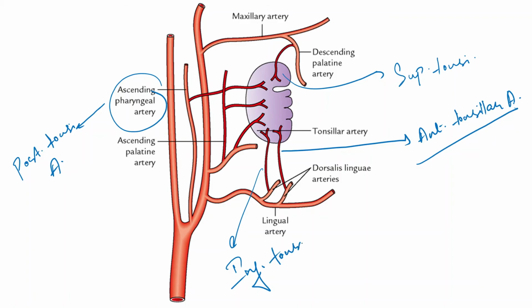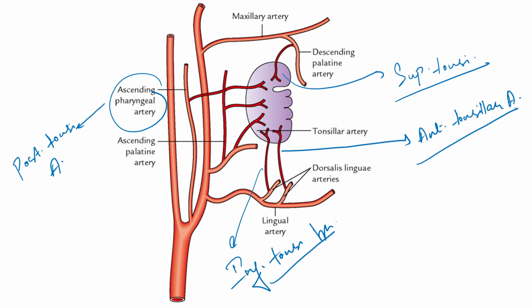The superior tonsillar arteries are branches coming from the greater palatine arteries, whereas the inferior tonsillar branches are coming mainly from the facial artery. So the inferior tonsillar arteries are branches of the facial artery.